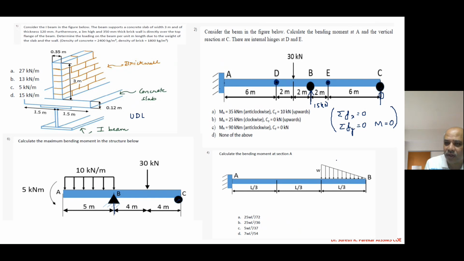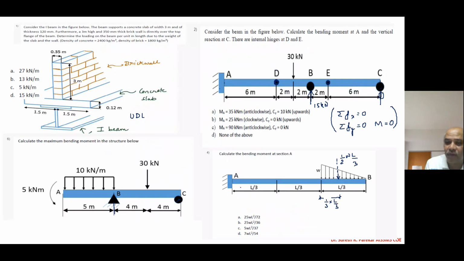Now for this trapezoidal load, so that you have to, triangular load, you have to keep in mind total load we are going to be area of load diagram, half W into L by 3. And that you have to keep in mind. We always write at L by 3. So that you have to keep in mind, because questions a little bit we have to think, and we have this will be 1/3 of L by 3.